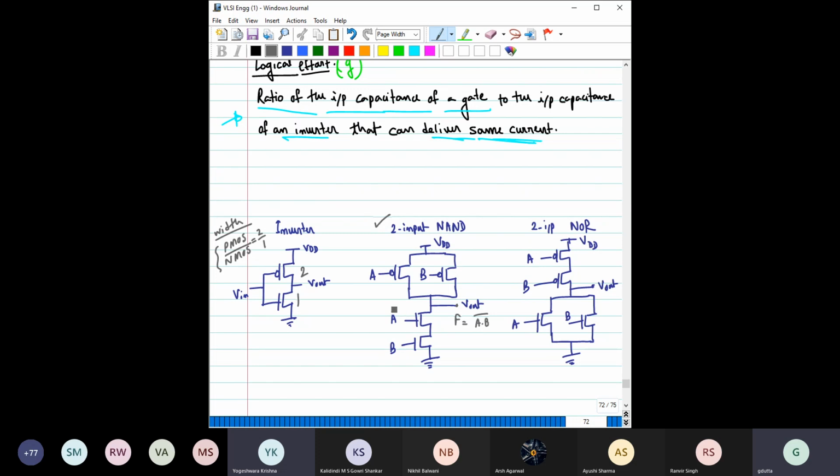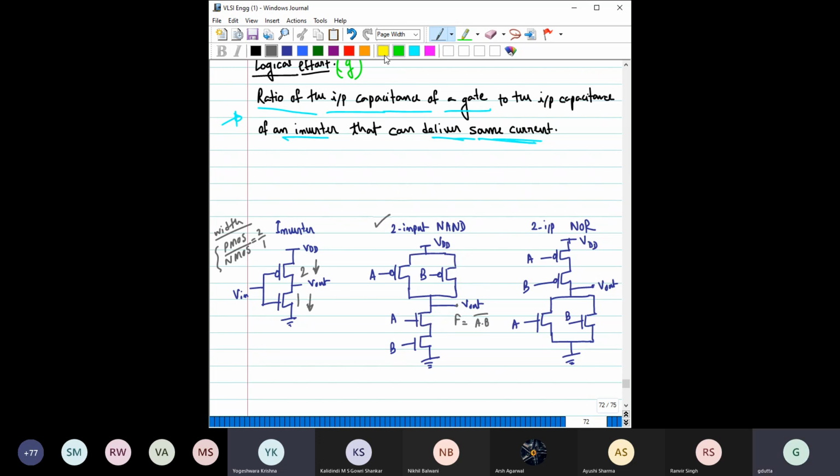But here the constraint is that whatever the delay, the driving capability of this PMOS and NMOS has to be the same as that of the inverter.